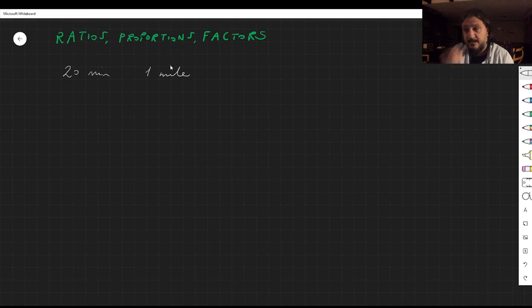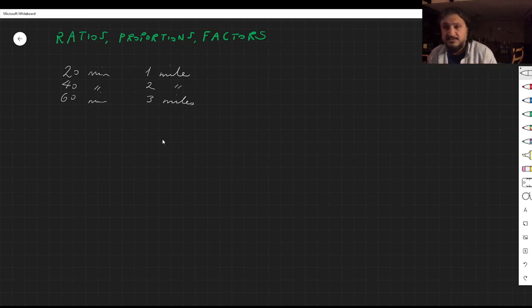If you keep like that and walk for 40 minutes, it'll be 2 miles. An hour, 60 minutes, you'll finish 3 miles. Easy, relaxed walking. So these are numbers, 1, 2, 3, 20, 40, 60, without the unit that is attached to them.